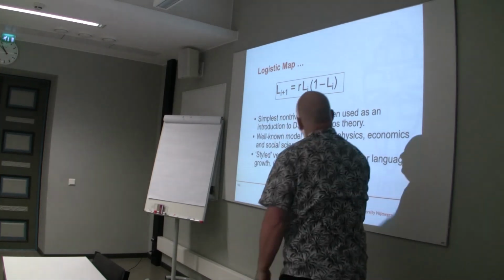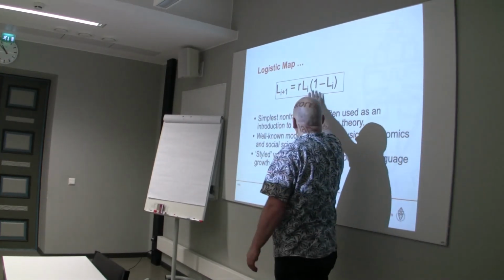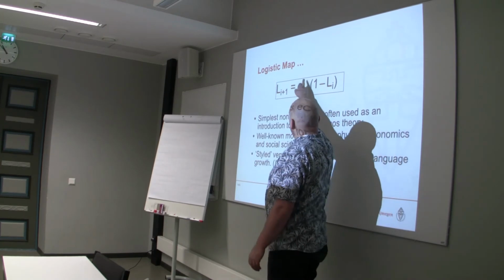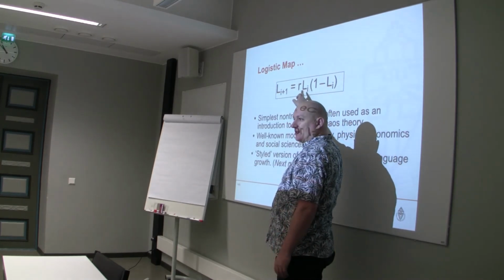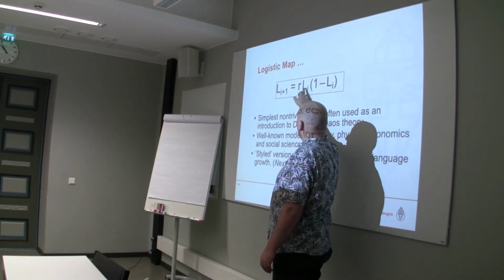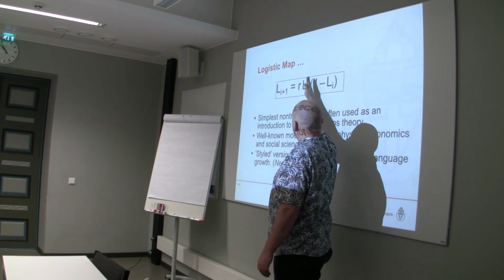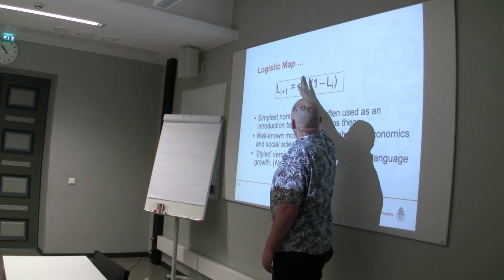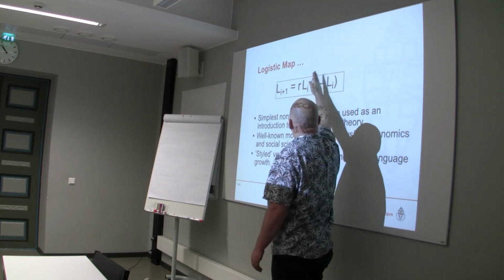So if you look at it here, it's a little bit different, but we still have, this thing is just actually the linear model, right? So we had A times Y, but now we have R times L. That's really the linear part, but then we are adding something here.